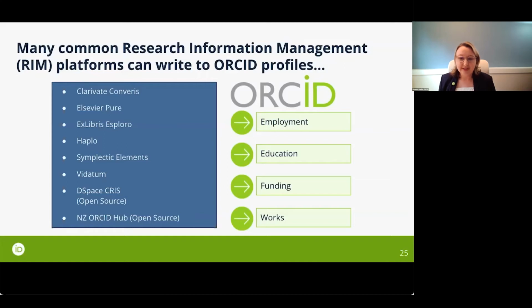This will likely be a new responsibility for some of your university administrators, but it will significantly reduce the administrative burden of your researchers, and it will ensure research administrators have access to the information they need about their researchers without having to ask for it. It's important to check and make sure your RIM system writes to the ORCID sections that you want it to write to. Some of the systems only write to the work section, while others write to them all. Feel free to reach out to ORCID and we can help you look into this.